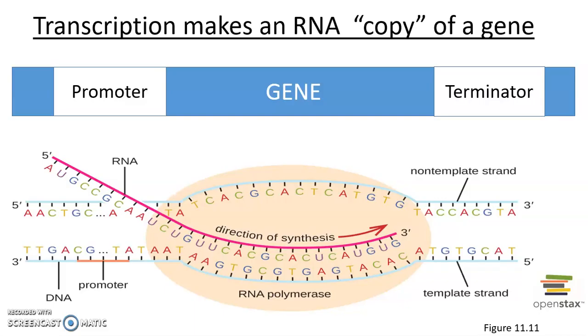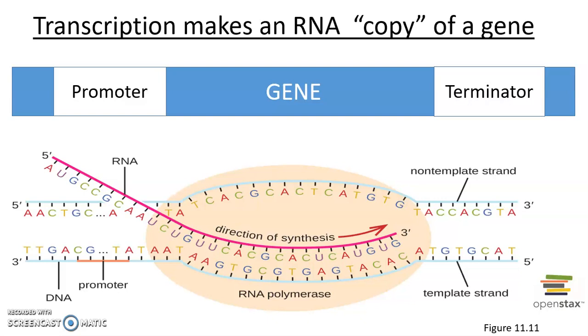Just like in DNA replication, where there is an origin of replication that tells the cell where to start, there is a set of signal sequences built into the DNA that indicate this is the start of my gene. These are what's known as promoters, and they're just short little sequences in the DNA that the enzyme RNA polymerase is able to read.